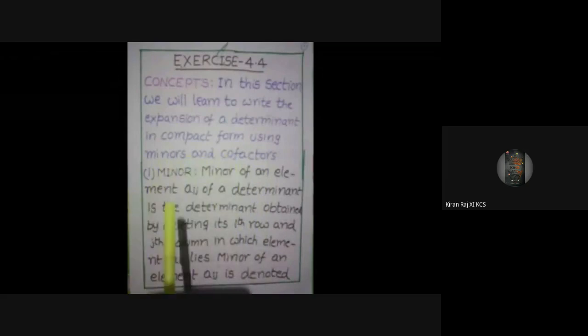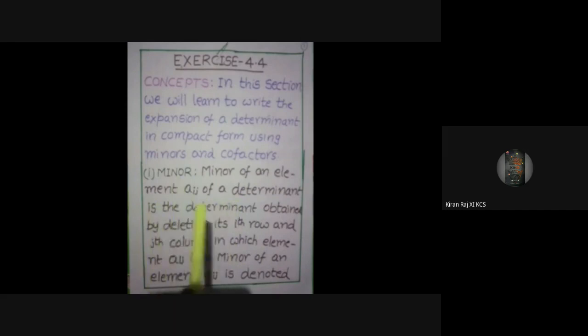Okay, my children. Now come to this first definition, minor. What is meant by a minor of an element? Minor of an element Aij of a determinant is the determinant obtained by deleting its ith row and jth column in which the element Aij lies. So in a determinant, suppose we choose an element, we have to close that row and column.